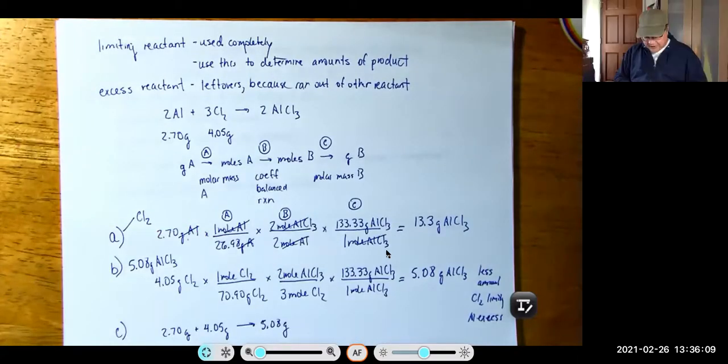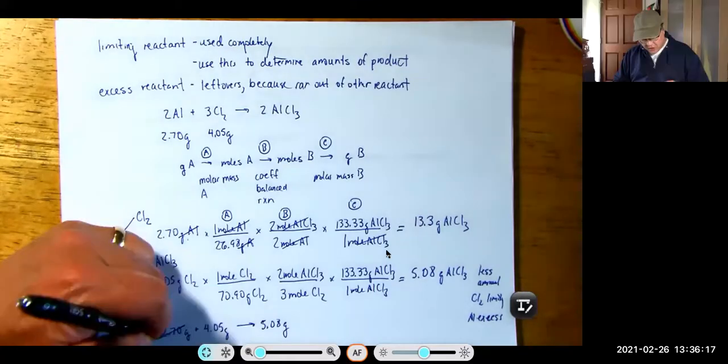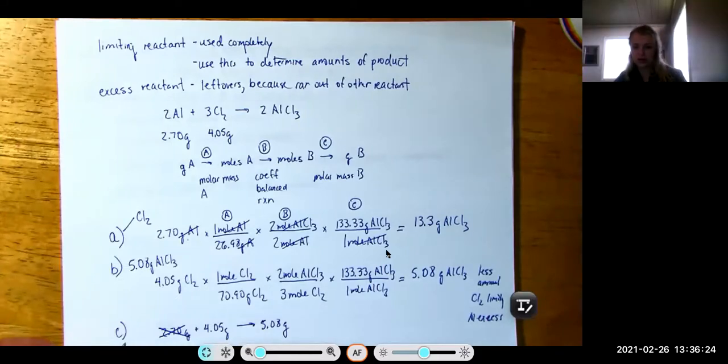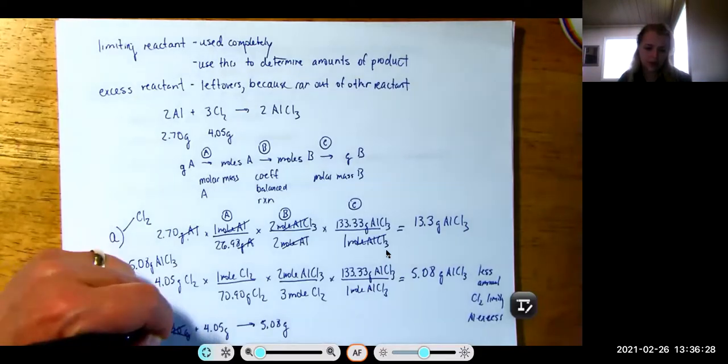So clearly these numbers don't add up because not all of your aluminum was used, correct? So I'm going to cross this off because I know that all of the chlorine was used. How much aluminum was used?